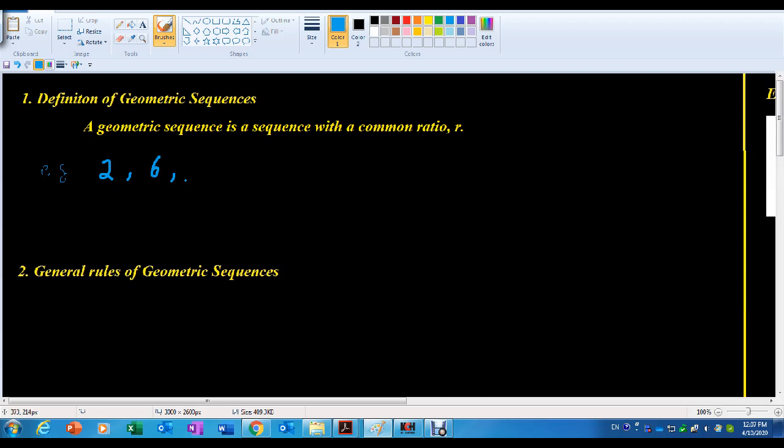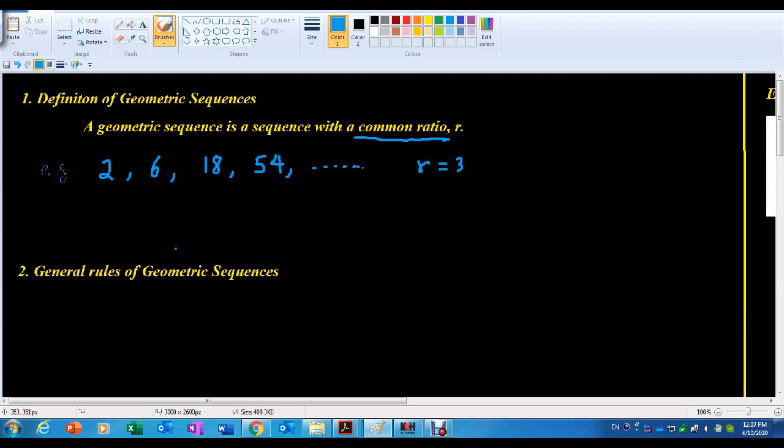So what about the next term? It should be 18, right? And how about the next term? Because the ratio must be constant, you need to multiply by 3 again. So that becomes 54. So this is a sequence with common ratio 3.